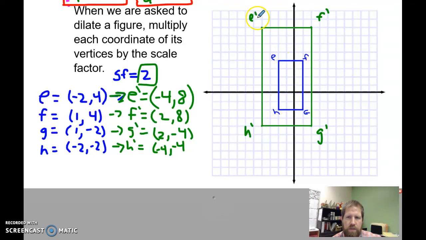E prime is farther away than E, F prime is farther away than F, and I can map it out and show that yes, all of my points do line up, and this is a correct dilation from the origin. So when you see that, you can tell, yep, this is a dilation, its scale factor is 2, I've done my job.